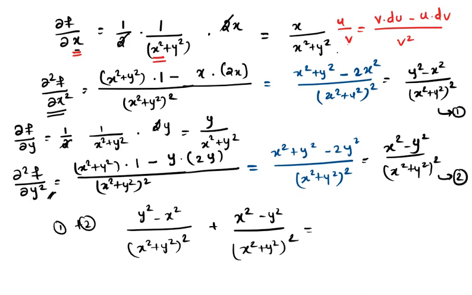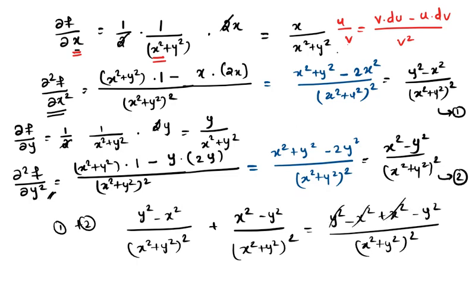So look at this, the denominators are same. So keep it as it is and add the numerator part. So the numerator part will be what? We have y squared minus x squared, here we have plus x squared minus y squared, right? So these two will be cancelled and these two will be cancelled. Finally, we will get 0. Hence, it is verified, right?